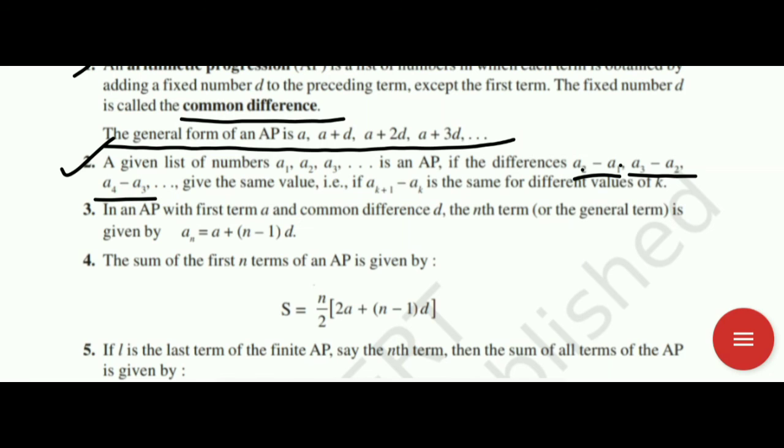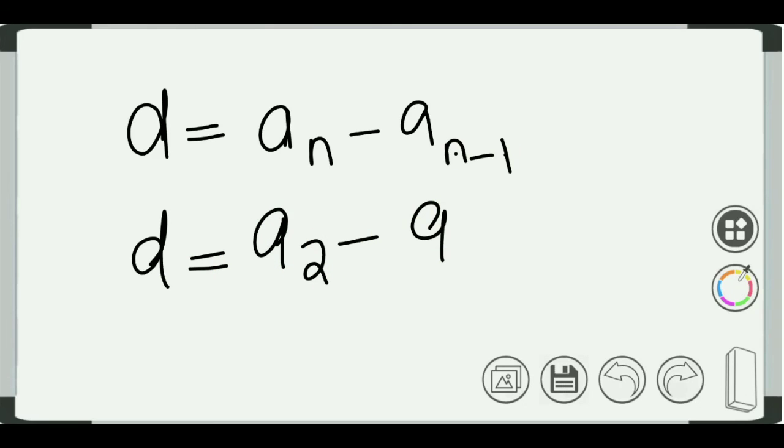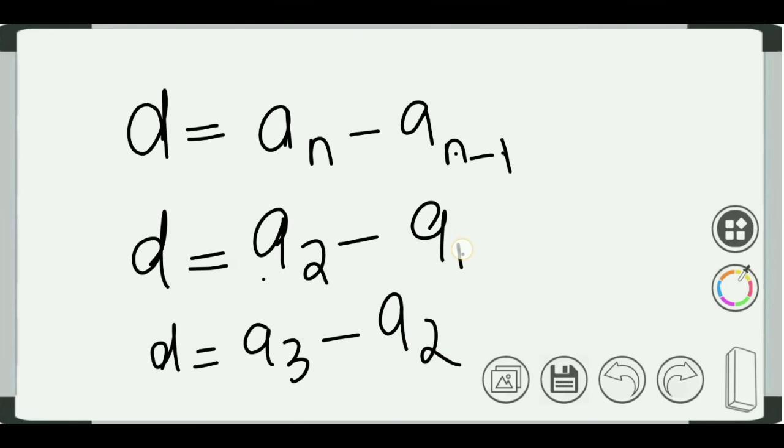So the formula for this one, I have told you, common difference d is equal to an minus an minus 1. If you are taking n equal to 2, it will be a2 minus a2 minus 1, what is 2 minus 1, 1, that is a2 minus a1. Or if you are taking n equal to 3, d will be a3 minus a2. Same: any term minus the preceding term. Okay.